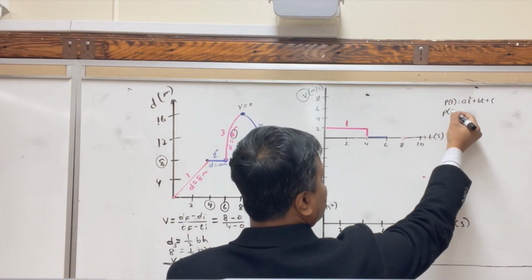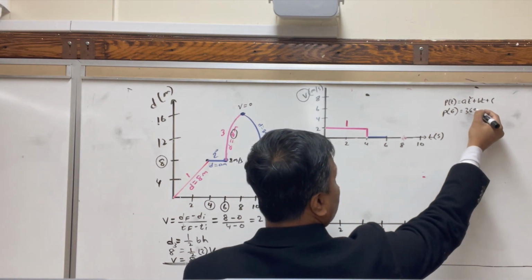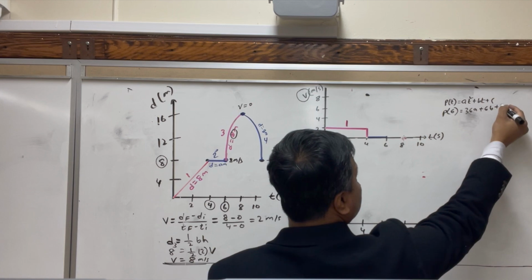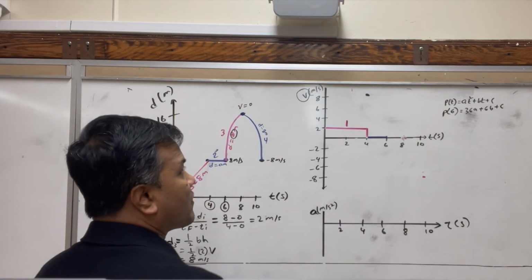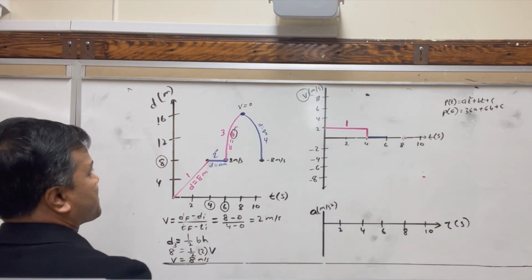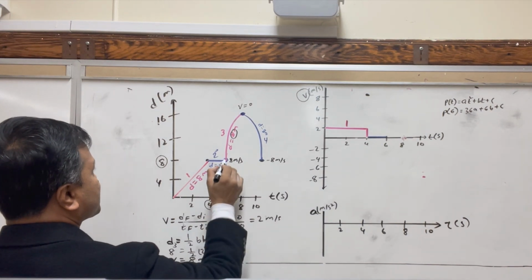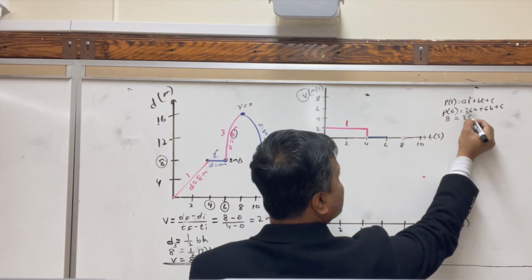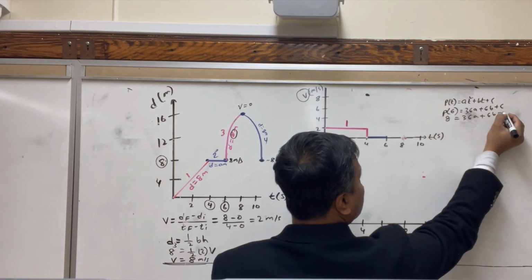Now, what is P of 6? P of 6 is 8. So 8 is equal to 36a plus 6b plus c.